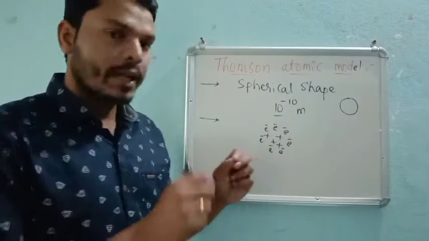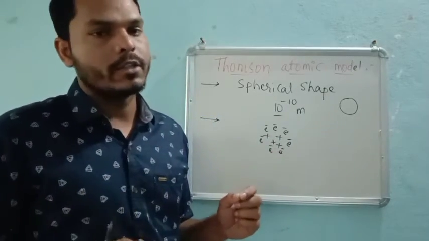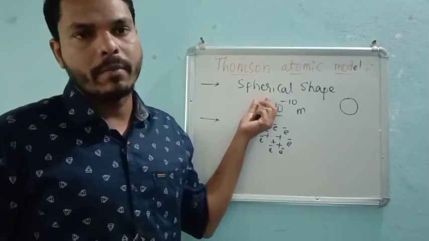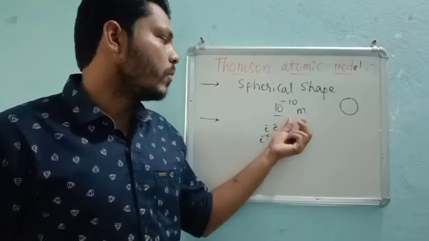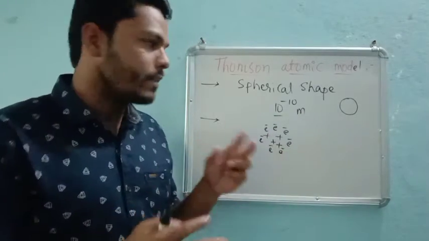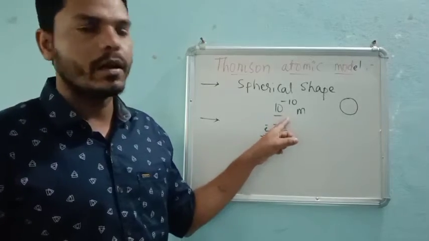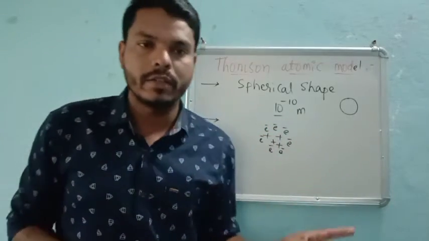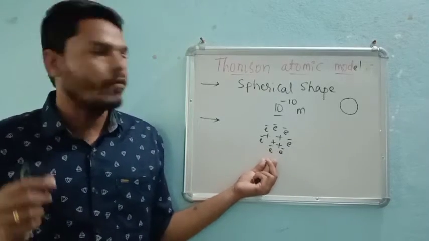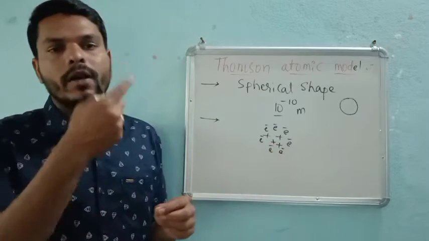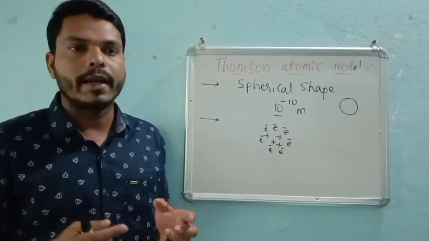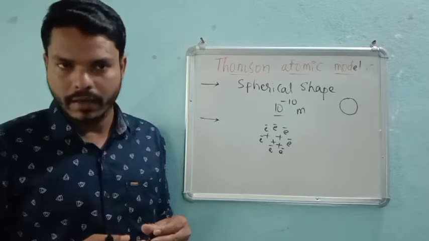So first, the atom is spherical with a radius or diameter of about 10 raised to minus 10 meter. And next, in an atom, positive charge is always surrounded by negative charge in a stable electrostatic arrangement, right?